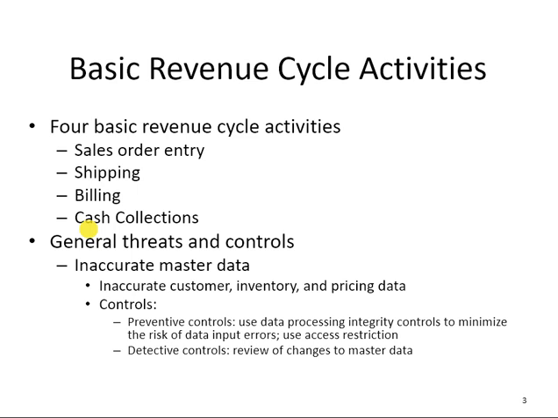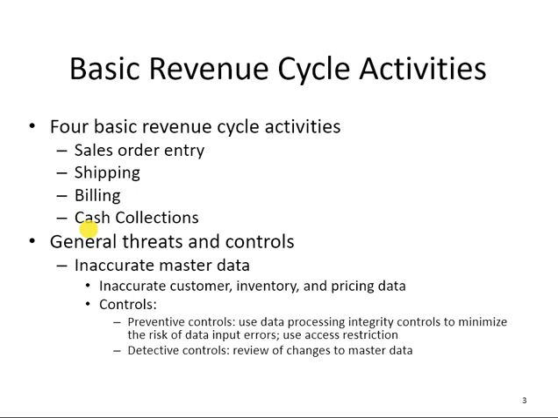The first threat is inaccurate master data. The customer master data, inventory master data, and pricing master data may be inaccurate. For example, errors in customer data could result in shipping goods to the wrong address.